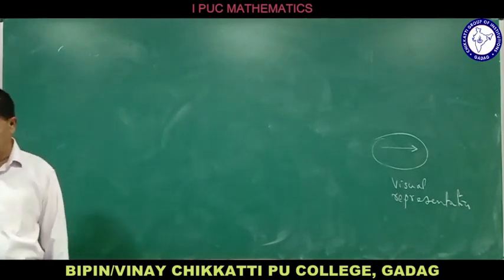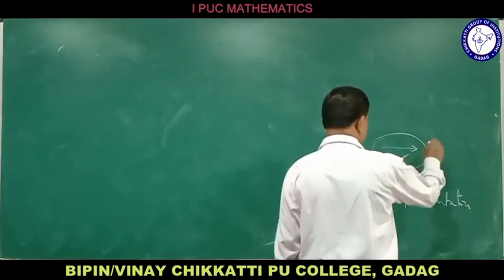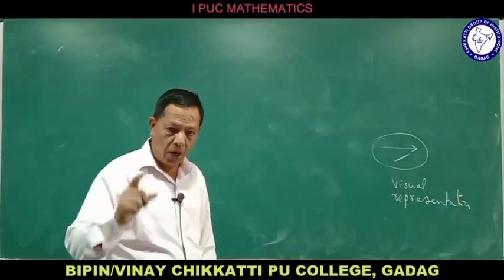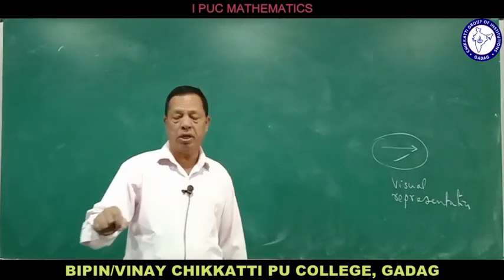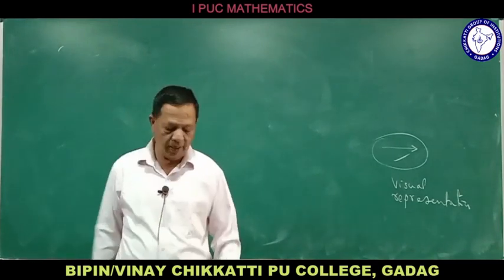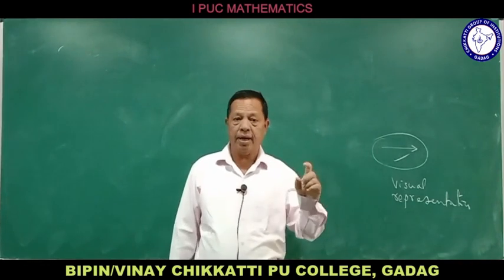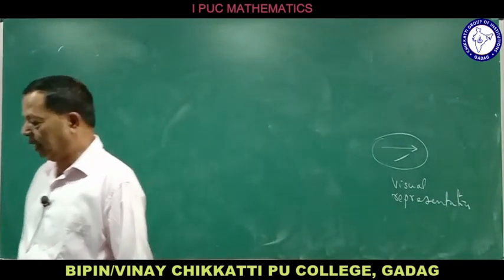Representation of what? Of the relation. So the second point, once again I say, is that an arrow diagram is a visual representation of a relation.